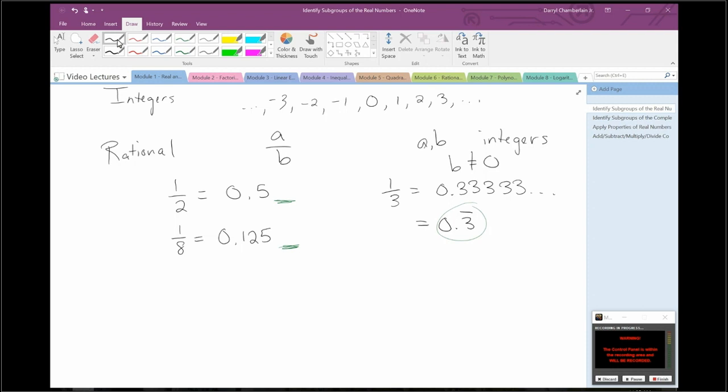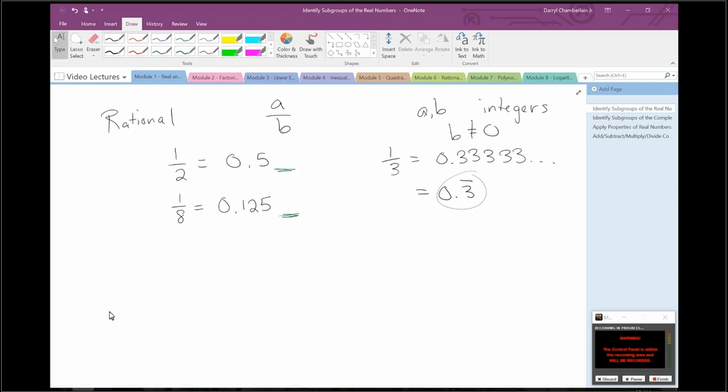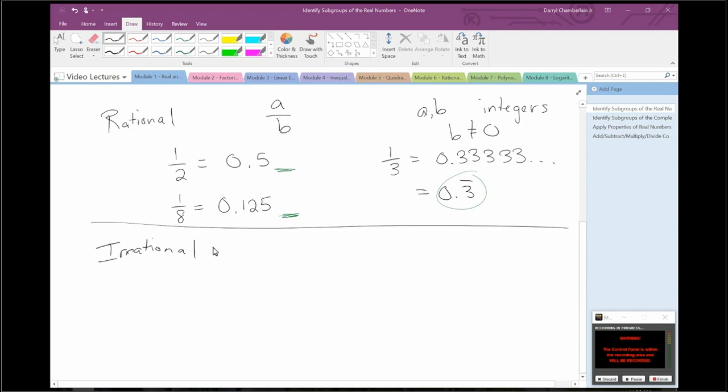So we're still missing a few real numbers, and these we're going to call the irrational. So the irrational numbers are really just the numbers that are not rational. We really don't have a better definition for it. So we'll say real numbers that are not rational. All right, so what do those look like?